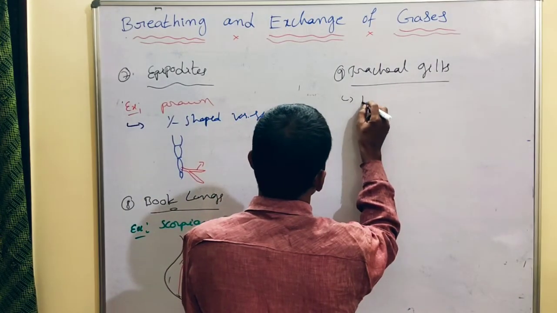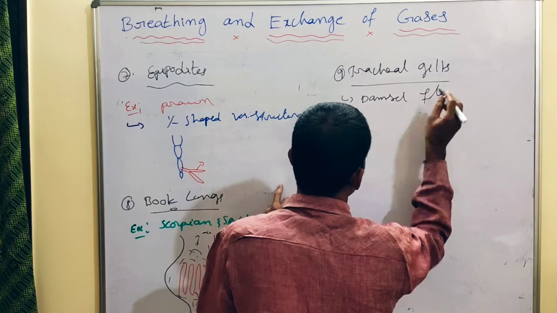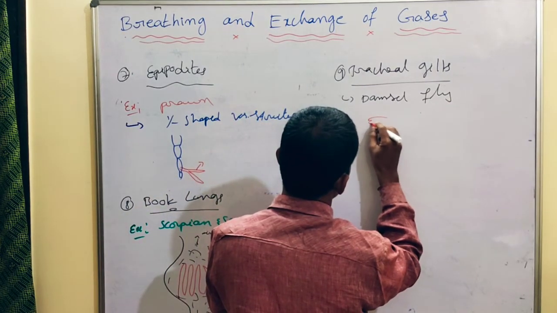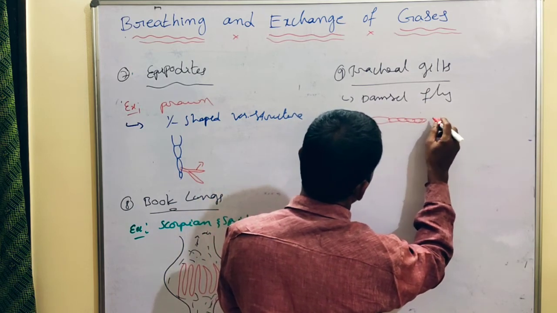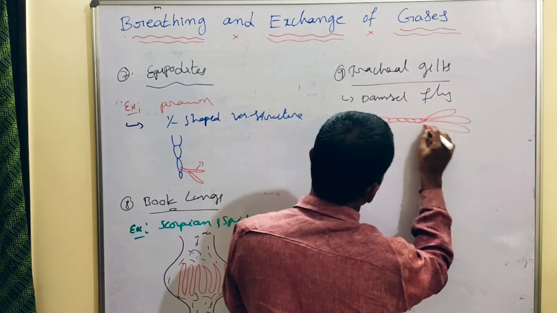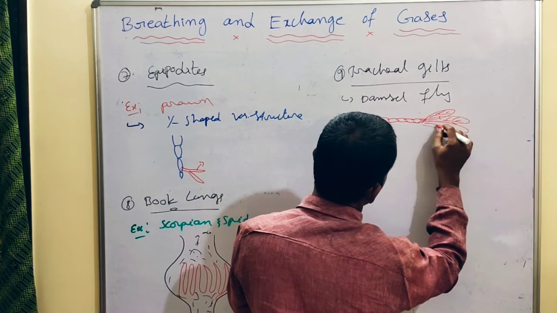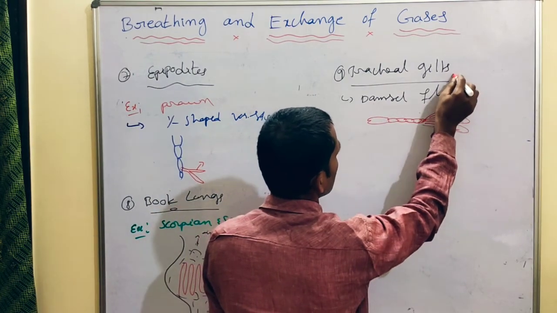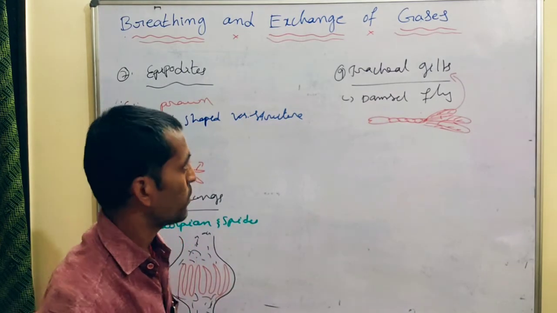The best example is damsel fly. You see the structure of the damsel fly. These are the tracheal gills, those three structures, through which this organism respires.